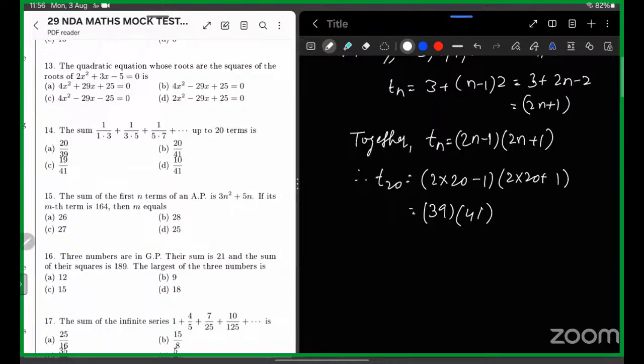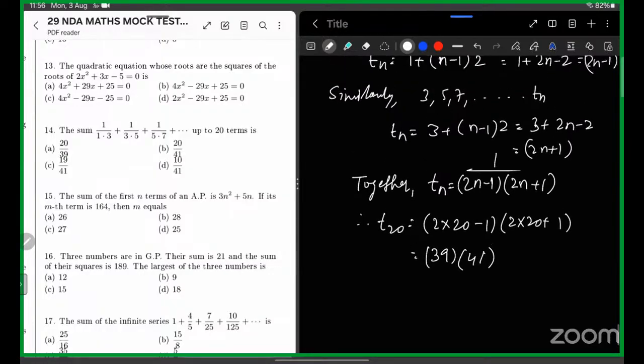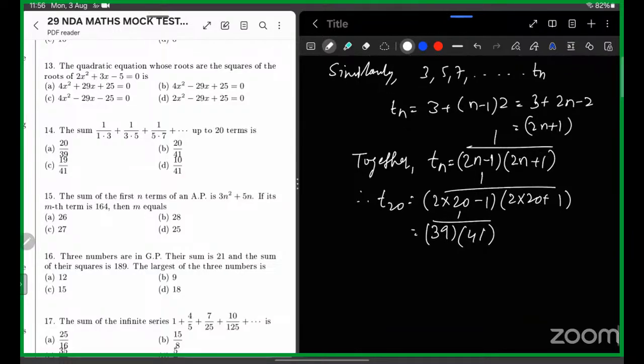Sorry, this 20th term is 1 upon 39 into 41. Not only T20, they are asking you the summation value, not just the T20 term. So how you are going to find out the sum? That is important.